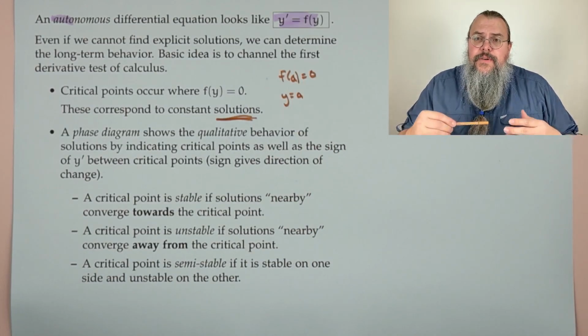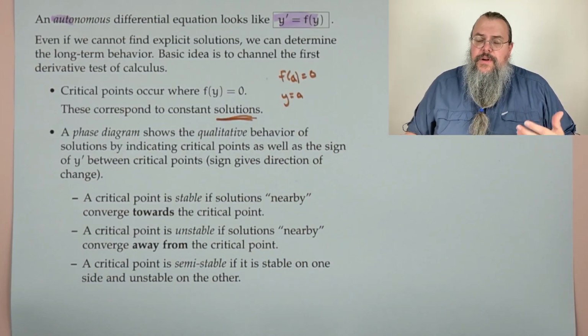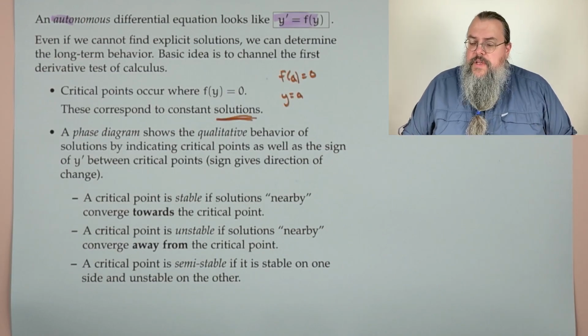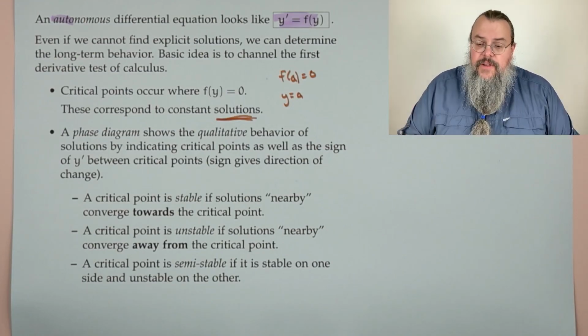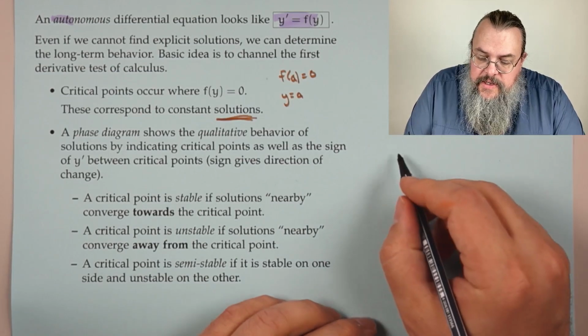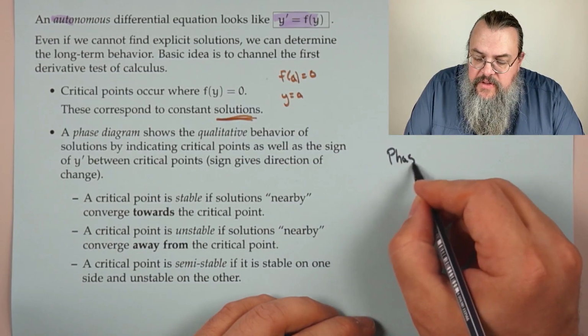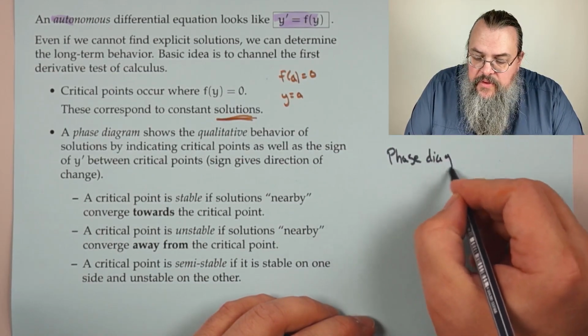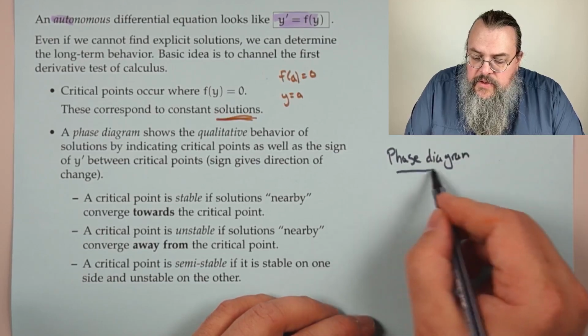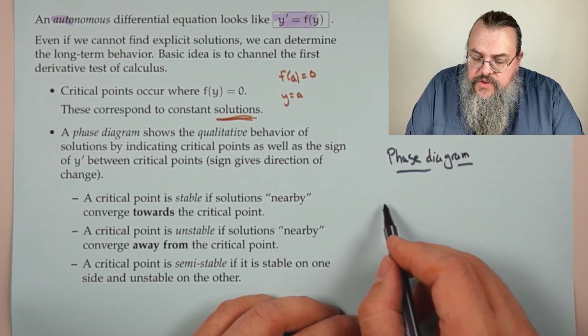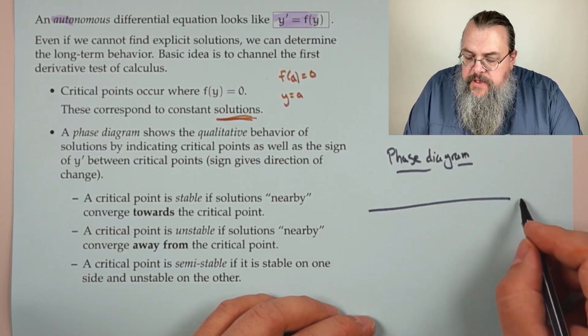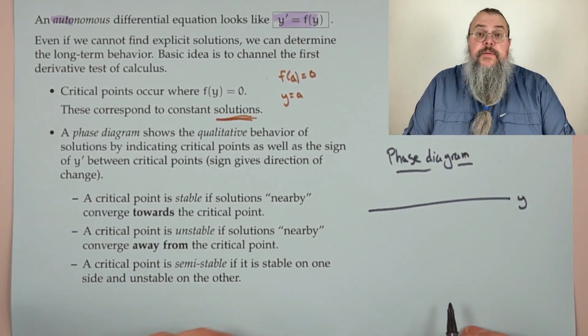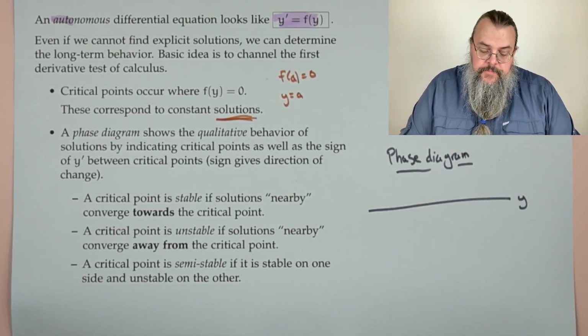So the zeros of our function tell us about constant solutions. Now, what about other solutions? What can we say? Well, we can construct a phase diagram. What does this look like? It basically is a line. We draw our line, and we're going to have this be a line in terms of y.